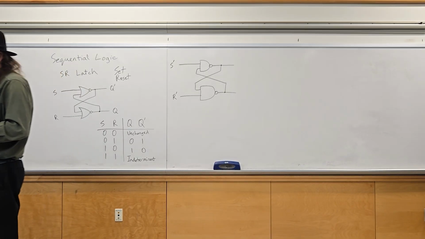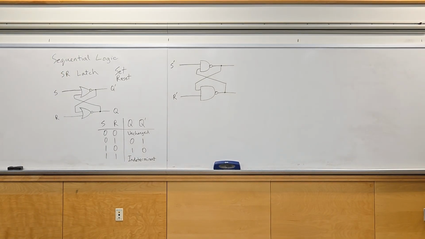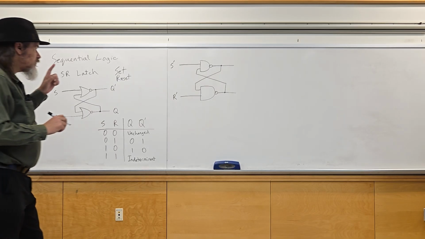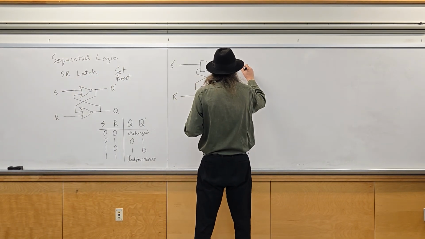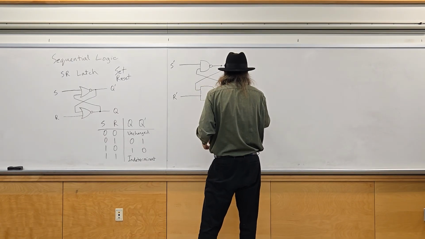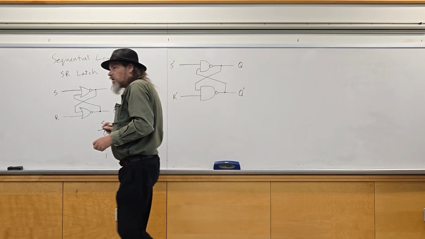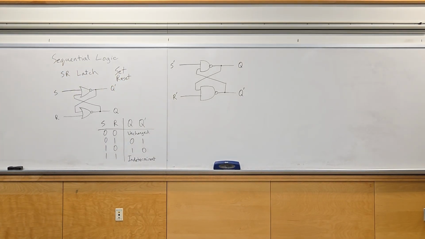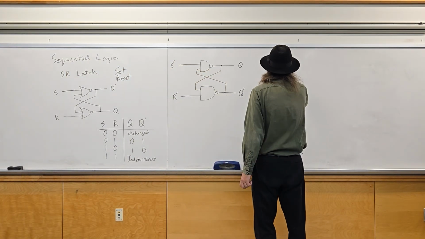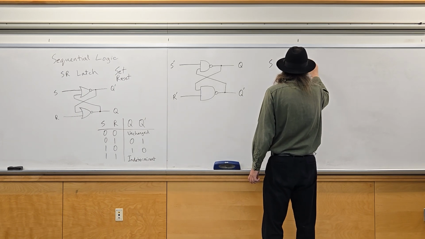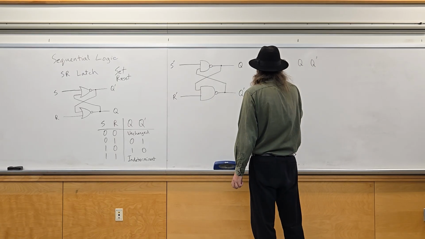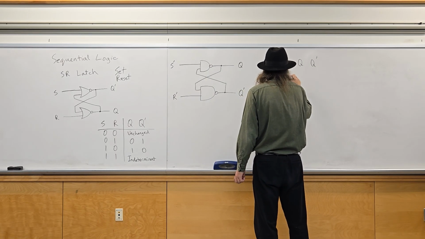And it's primed so that with this, the Q is on the same level as the S, and the Q prime is on the same level as the R. But the states for this S, R, Q, and Q prime: 0, 0 is not allowed.